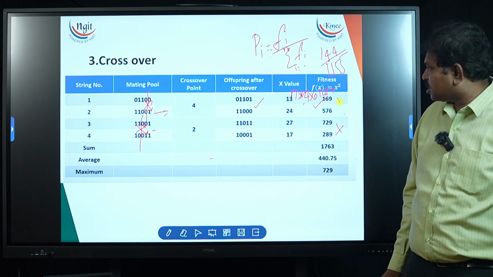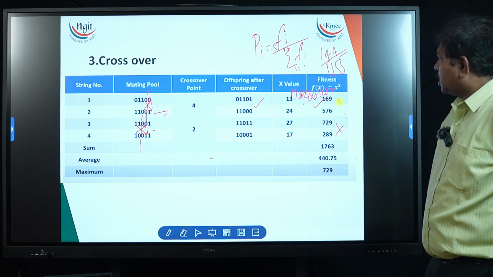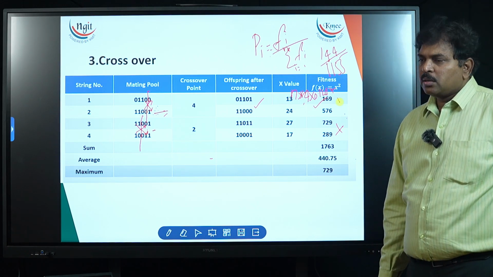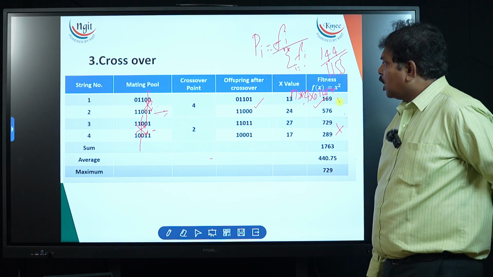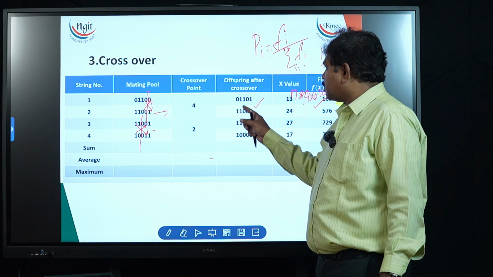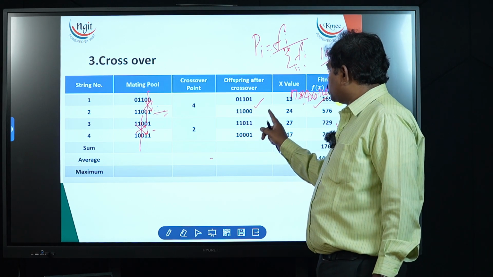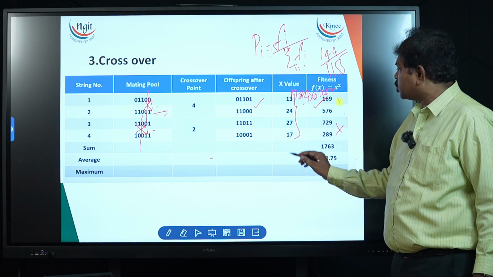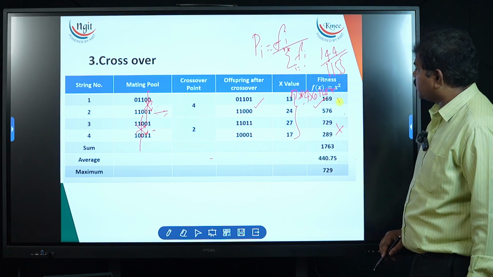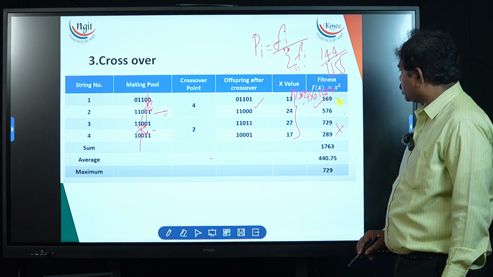I selected strong parents based on their count, whether they are fittest or not. Then using those parents I crossed and prepared new offsprings. If you convert those offsprings again into x, these are the new solutions for my function. They can maximize, optimize my function.